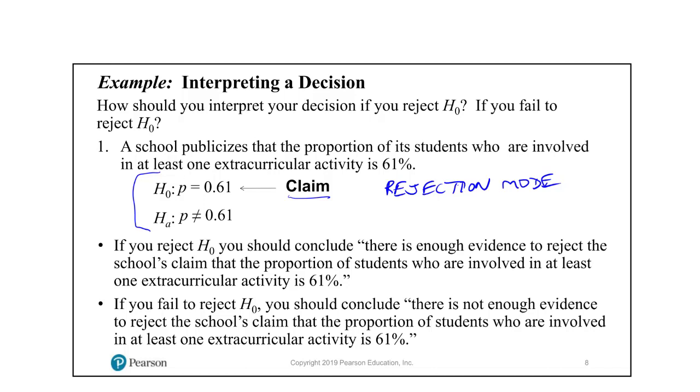Either there is enough evidence to reject the claim, or there is not enough evidence to reject the claim. So now it depends on what I did about rejecting the null hypothesis or failing to reject it. If we rejected the null hypothesis, which was the claim, I'm in a rejection mode. So there is enough evidence to reject the claim.